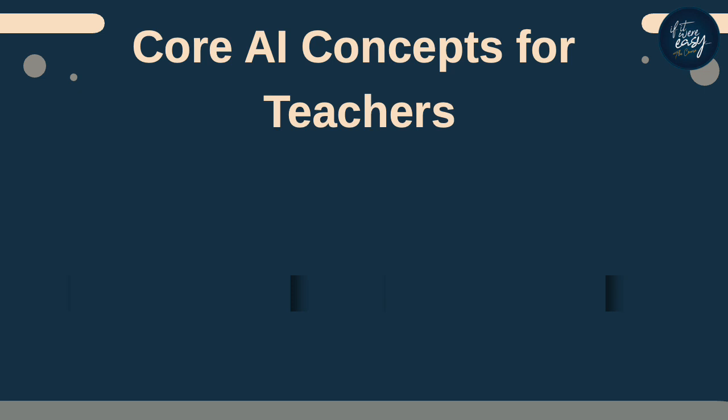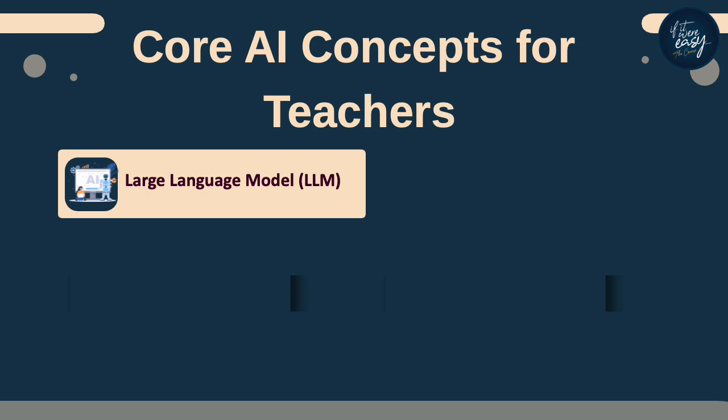Understanding AI terms is not essential, but it can help you effectively integrate AI tools into your classrooms. So let's take a look at some key terminology. First of all, large language models. Large language models are AI tools that are trained on vast amounts of data. Those vast amounts of data allow the tool to generate human-like responses. A great example of this is ChatGPT, which can generate lesson plans, discussion prompts, summaries, and explanations for students at all kinds of levels.